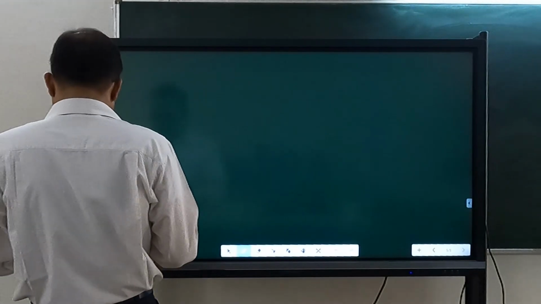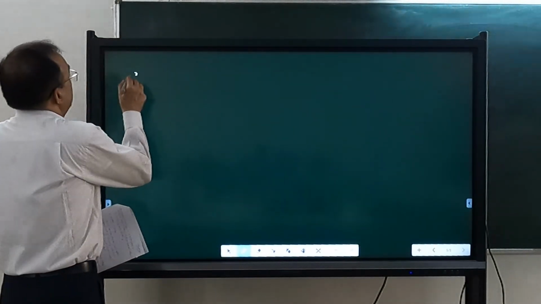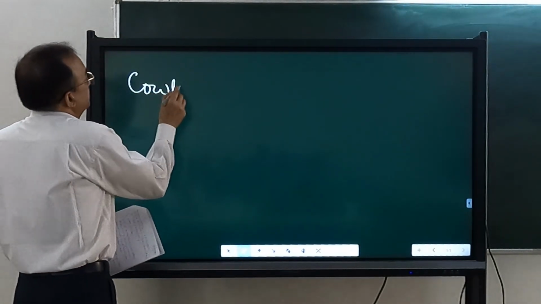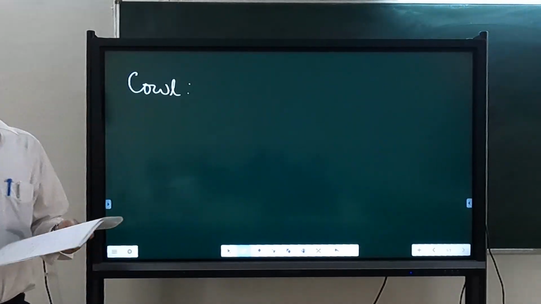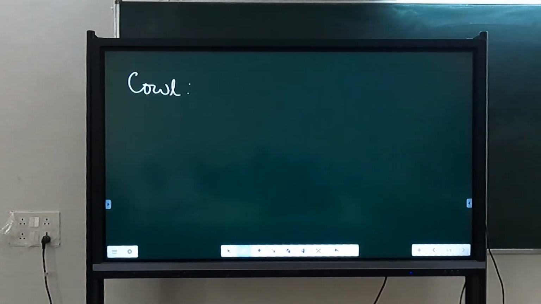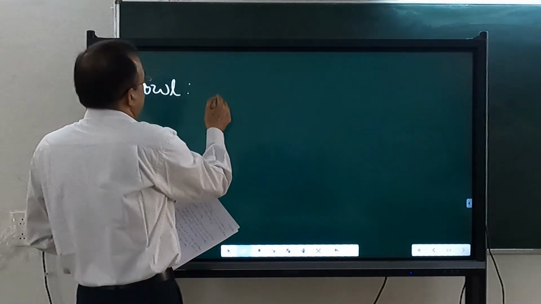Then we have a component called cowl. You can think like a bowl. So at the top of the chimney, an inverted bowl is there. So that is called cowl. What is the purpose?